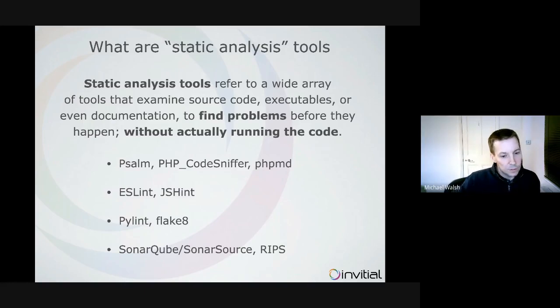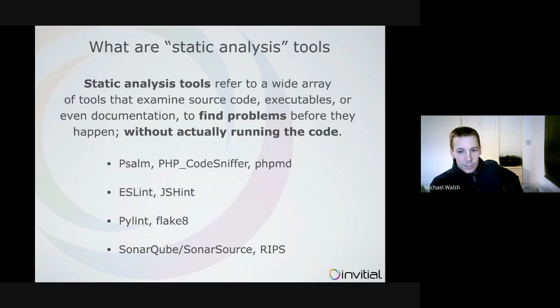And then you've got online tools as well, SonarQube / SonarSource, RIPS, they all do the same sort of thing. They're going to analyze your code and tell you where you might have gone wrong or how you could do things better. Obviously, there's tons more, and this talk's just going to focus on PHPStan.